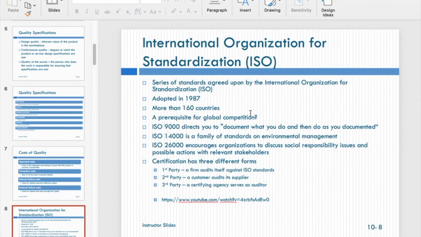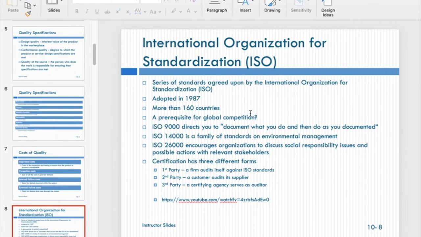First of all, ISO 9000 has become an international reference for quality management requirements in business-to-business dealing. So this mainly deals with quality management. Although ISO 14000 and ISO 26000 are also related to quality, and we will talk about them briefly in a second, the main criteria related to quality is ISO 9000.